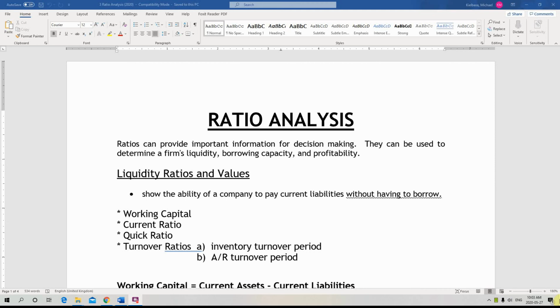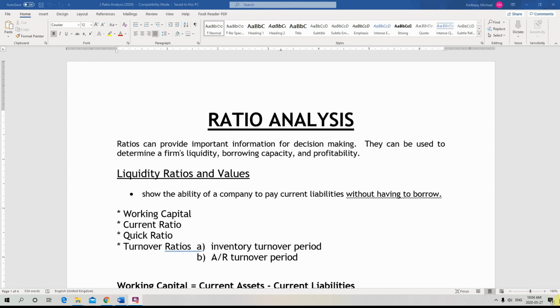All right, the very last thing we are going to cover in this class, yes, you've made it, is ratio analysis. Ratio analysis are figures that provide management with key information about how the company is doing.